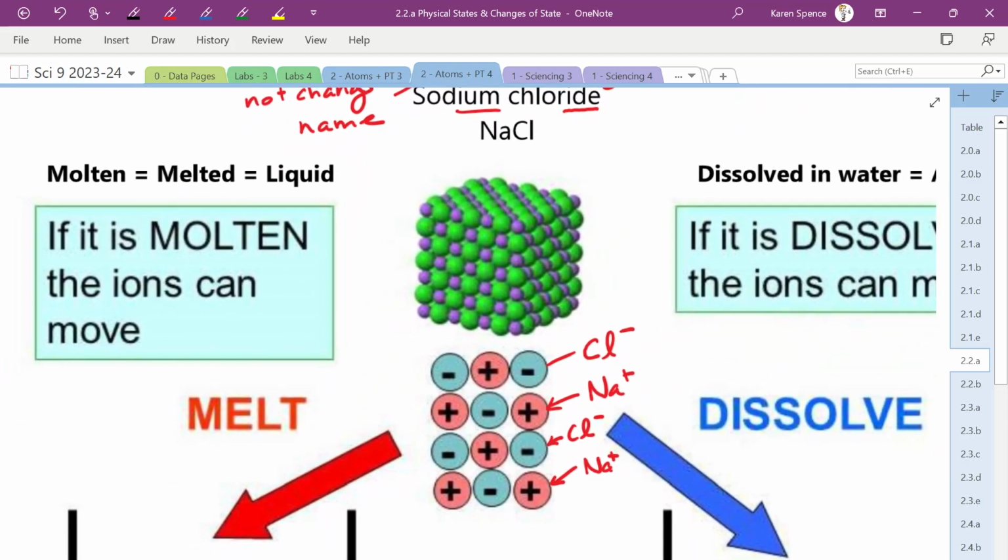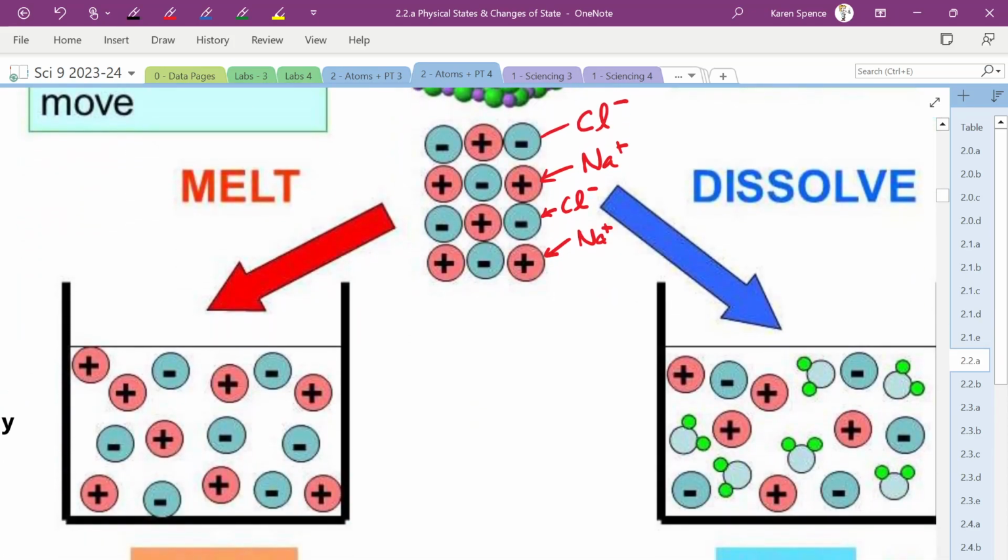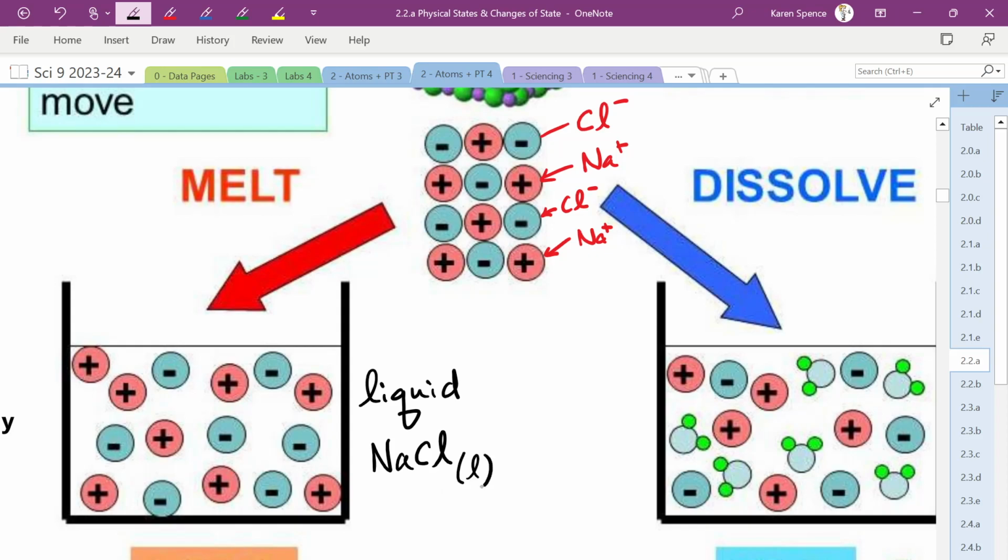Anywho, let's look at what happens to get liquid. So this is liquid. NaCl. So we would write NaCl with a little L down below.